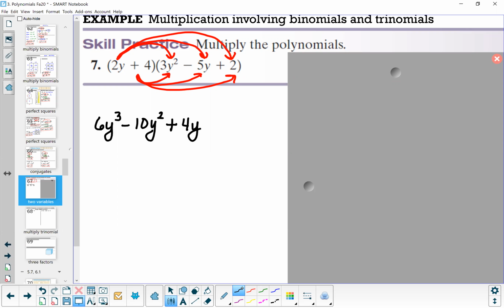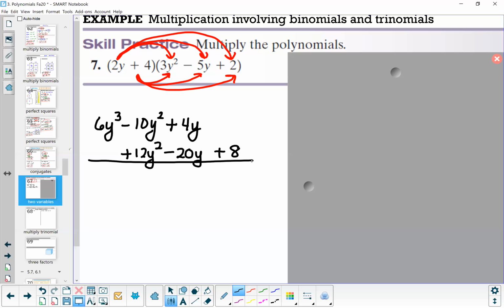So 4 times the 3y squared is plus 12y squared. Then 4 times the minus 5y is minus 20y. And then 4 times the 2 is plus 8. Notice how I lined up my terms vertically and my like terms are in the same vertical column.